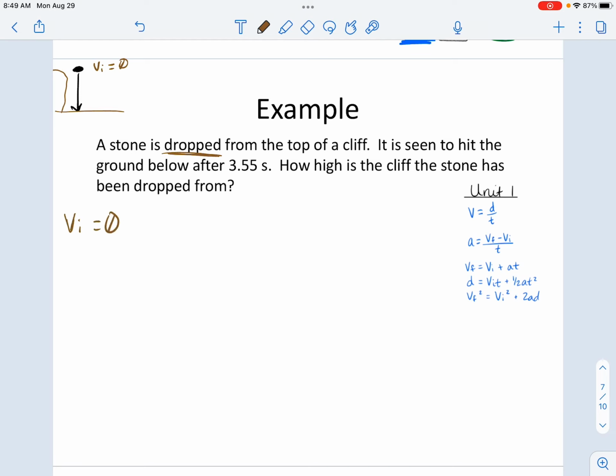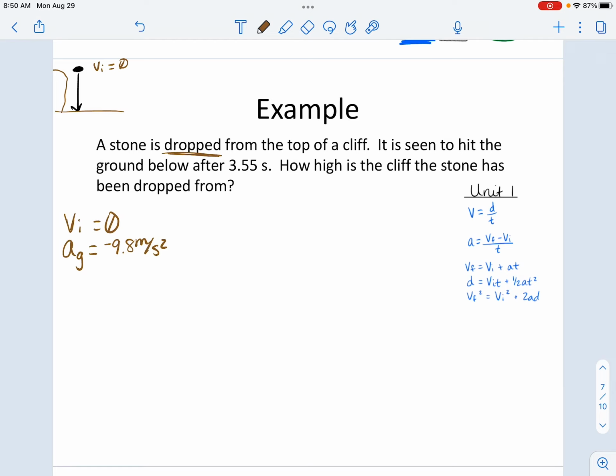And then we know that the object is dropping or falling because it is accelerating downward because of gravity. So we are going to use an acceleration rate of negative 9.8 meters per second squared because it is specifically Earth's gravity that is causing it to accelerate, and that is the value that gravity affects all things.